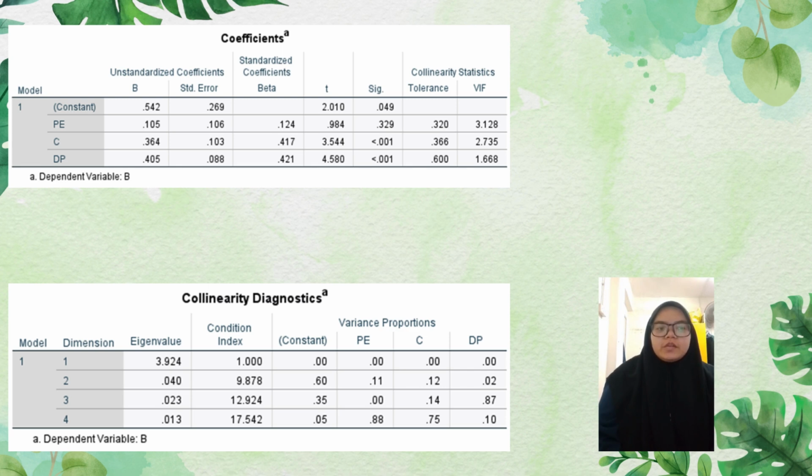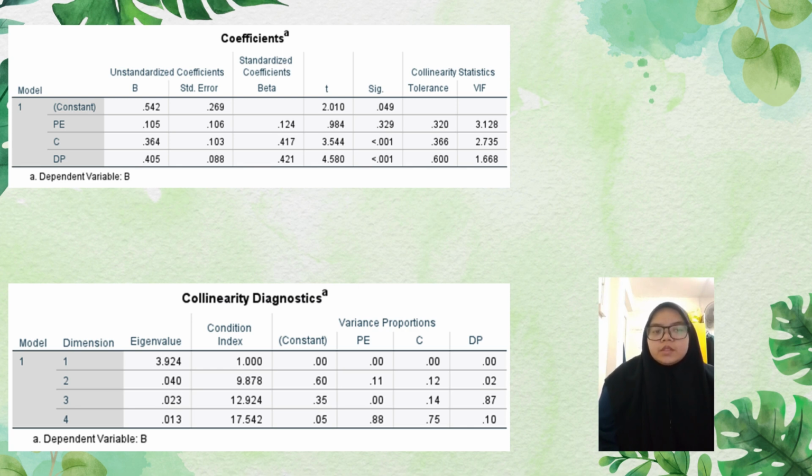The collinearity diagnostics for a regression model involve 3 independent variables and 1 dependent variable. Dimension 1 shows the minimum, with an eigenvalue of 3.924 and a condition index of 1.000. Dimension 2 indicates potential collinearity with an eigenvalue of 0.040 and a condition index of 9.878.